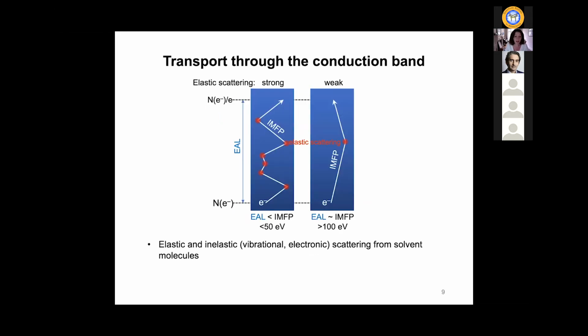So in terms of transport through the liquid, all electrons will undergo elastic and inelastic scattering from the solvent molecules in this transport process. Higher kinetic energy electrons predominantly undergo electronic inelastic scattering, and the inelastic mean-free path determines the probing depth.